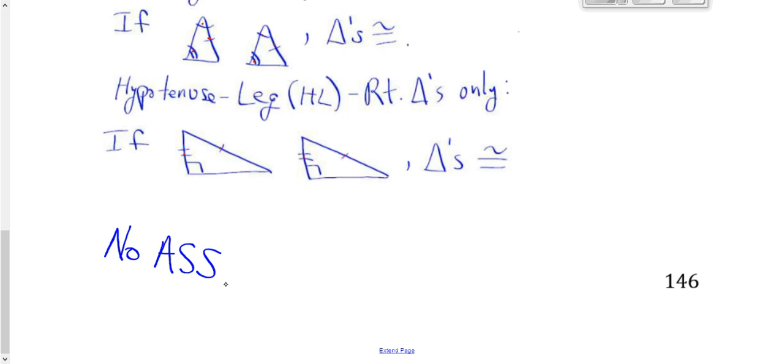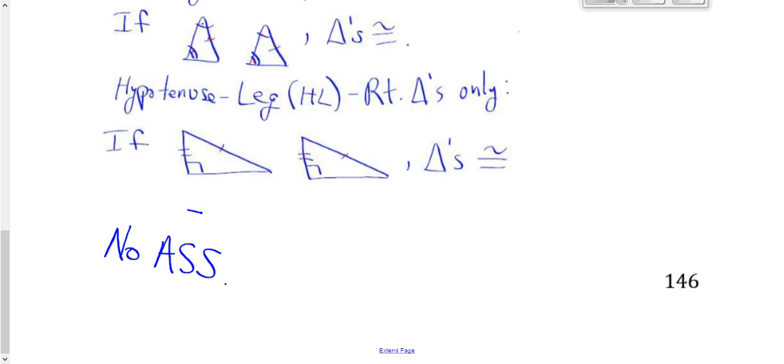Now, kids have a hard time remembering that you can't prove triangles congruent by angle side side. Maybe there's some sort of memory trick you can use to alert you that triangles are not congruent by angle side side. Okay? So you choose your own way to remember that this doesn't work.